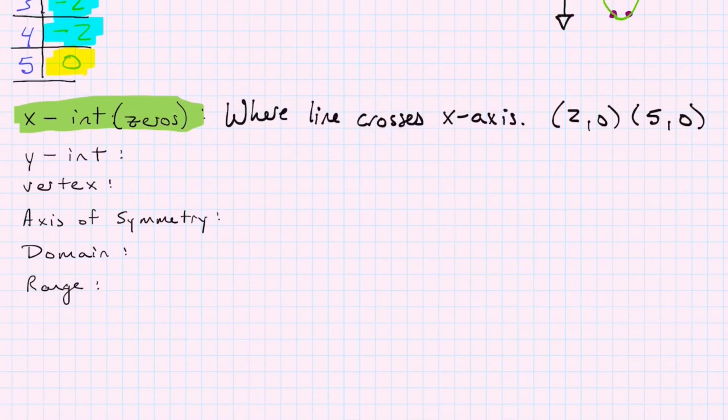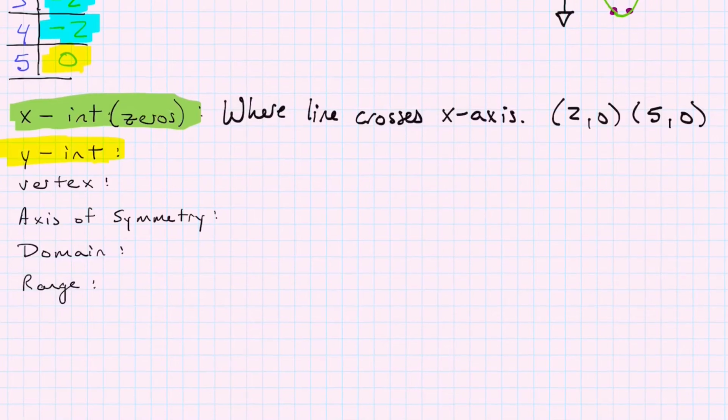So it's important that you don't actually have to write the coordinates. If you say the x-intercept is 2, it's implied that the y value is 0. If you say an x-intercept is 5, it's implied that the y value is 0. So you could just say it's an x-intercept of 2 and 5, or you can say x-intercepts at 2, 0 and 5, 0.